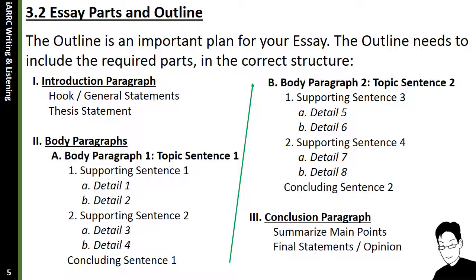Under each topic sentence, there are maybe 2 or 3 supporting sentences, represented here by normal numbers. And under each supporting sentence, there are 2 or 3 details, represented here by small letters. At the end of each body paragraph, there is a concluding sentence.